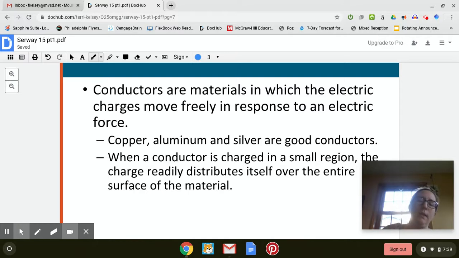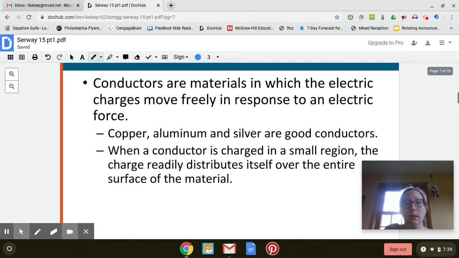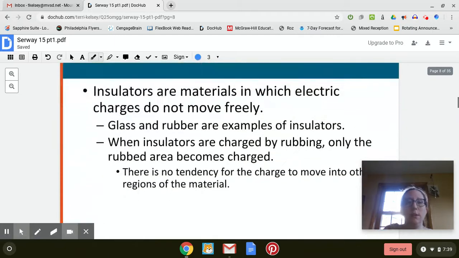Then we have the difference between conductors and insulators. Conductors are things where electrons are not held very tightly, so the electrons can move easily. Commonly, most metals are. Specifically aluminum, copper, silver, and gold are the best conductors we have. And then insulators are things that hold on to their electrons much more tightly.